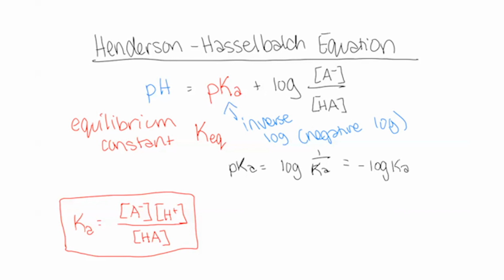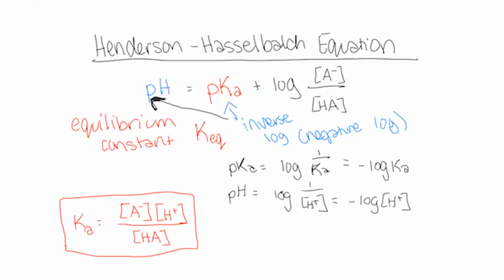Now, this is analogous to how we get the pH. It's the same reason we have a P in front of the H in the pH: that just means the negative log of the proton concentration. So a pH is the log of 1 over the free proton concentration, or negative log of the proton concentration.